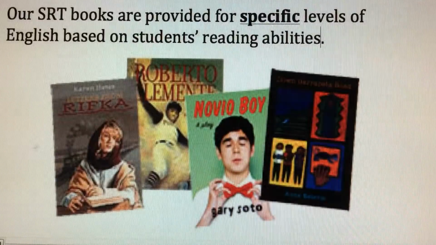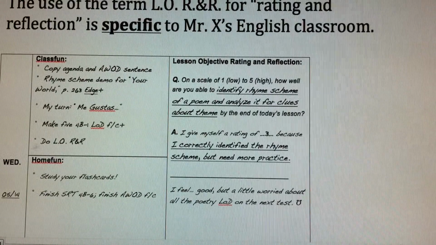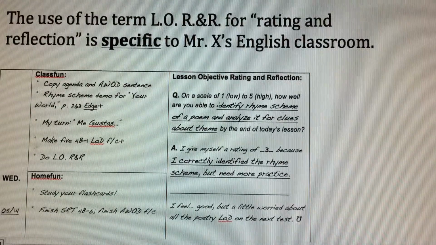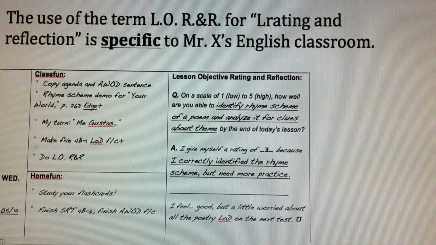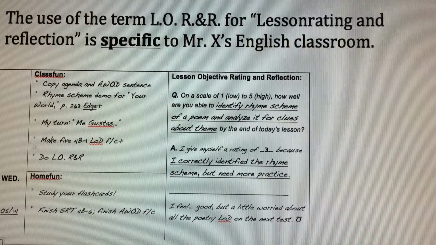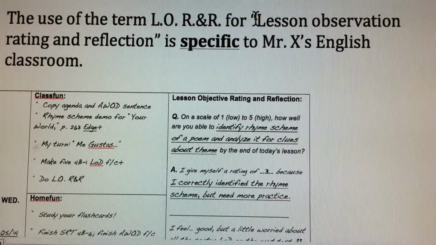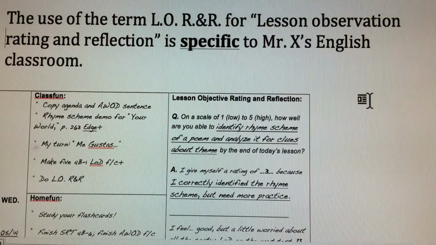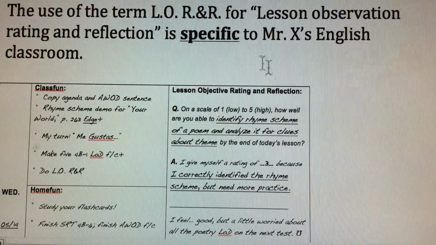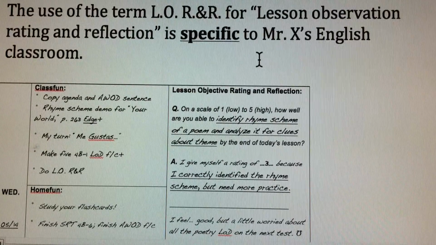So our third example here, just to let you know, the use of the term LORNR for lesson observation, rating, and reflection is specific to Mr. X's English classroom. We only use it here, okay? This term is not used in other places.